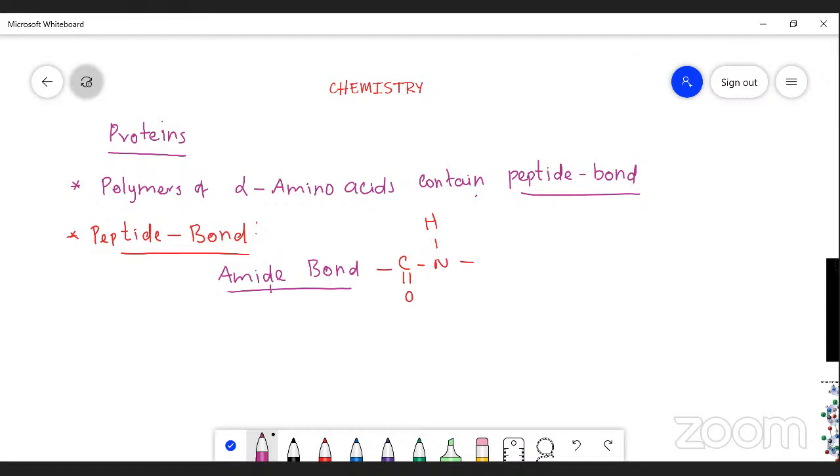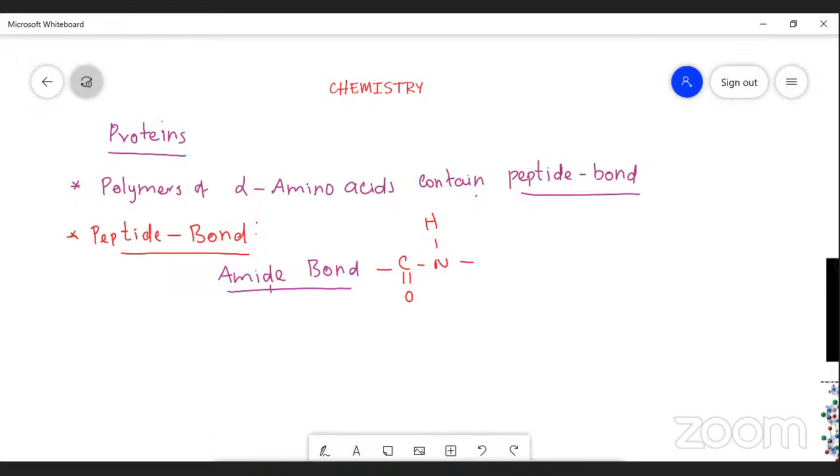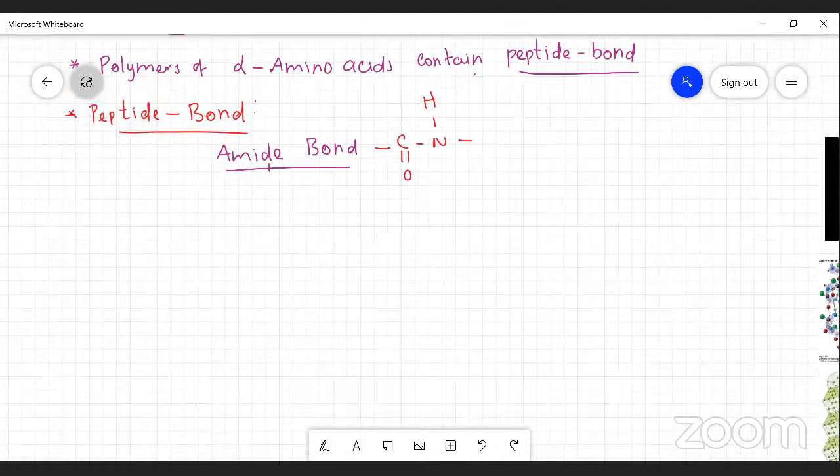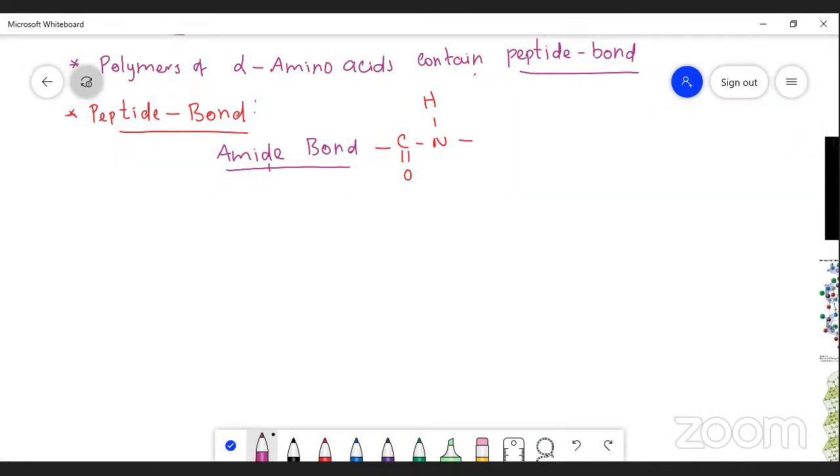So all peptide bonds consist of an amide. The CONH group is considered an amide. And how will you form this amide bond? The amide bond or peptide bond is formed from alpha amino acids.